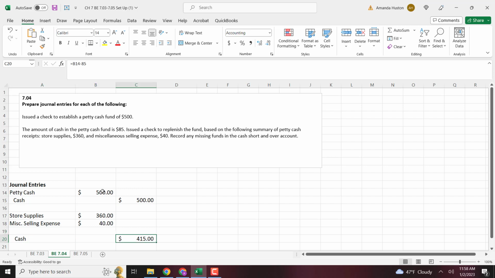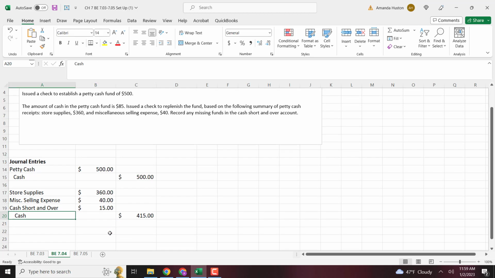So all I did was equals $500 in petty cash minus 85 that we have left. So in order for this journal entry to balance, we're going to have cash, short, and over, and that's 415 minus 360 minus 40. So there was a $15 that we didn't get a receipt for. And that's the journal entry number 2.